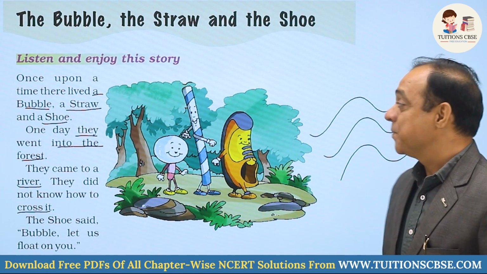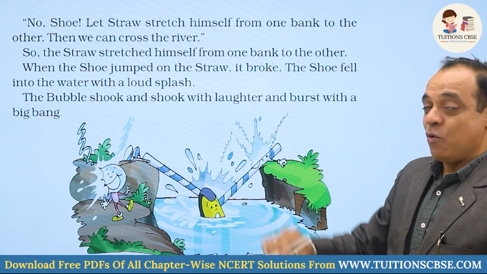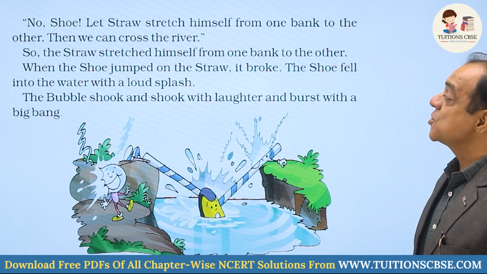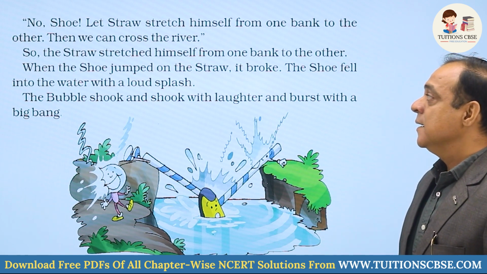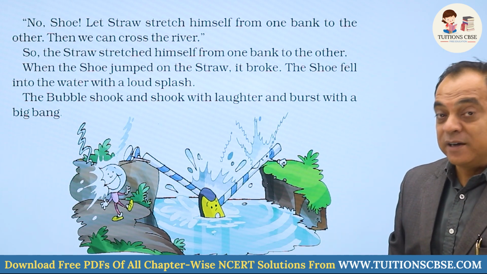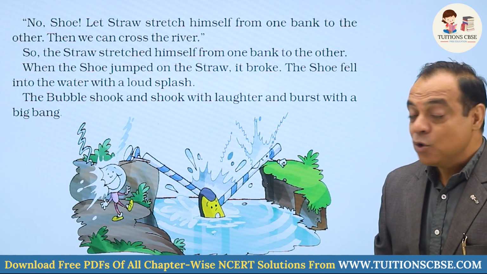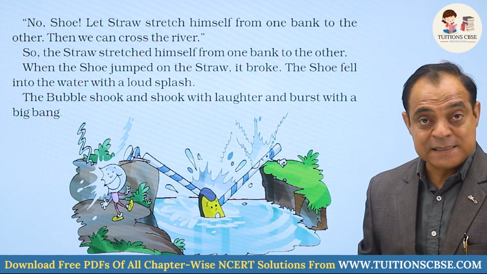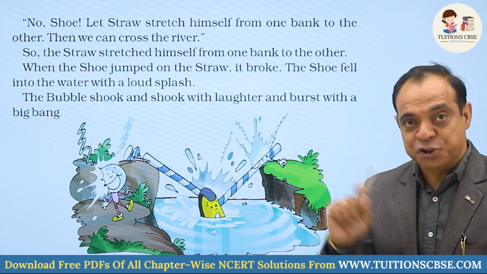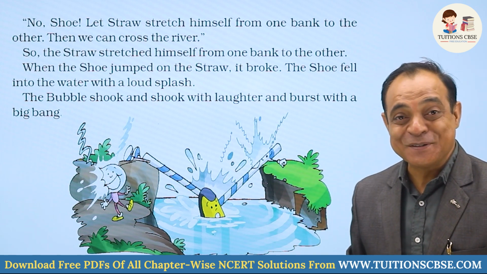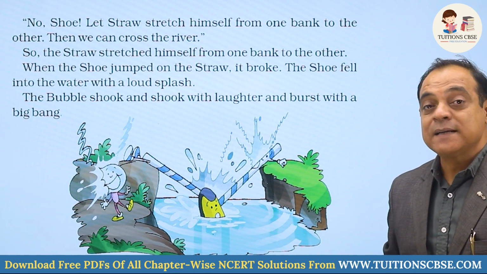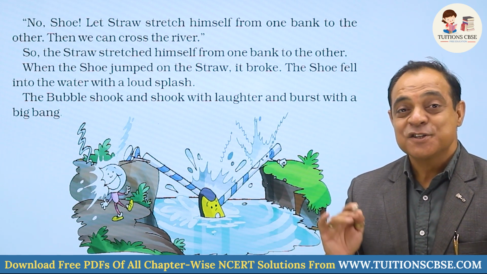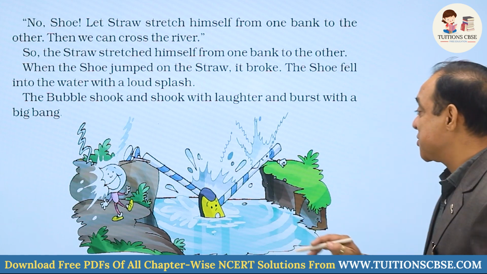Good idea. Let's read. No, shoe, let the straw stretch himself from one bank to another. Then we can cross the river. So who said no? The bubble said no. No, shoe. He told the shoe that this idea is bad, and he gave another idea that he wanted the straw to stretch.